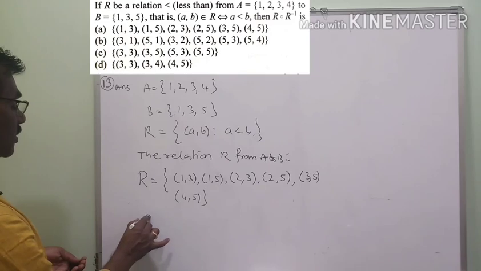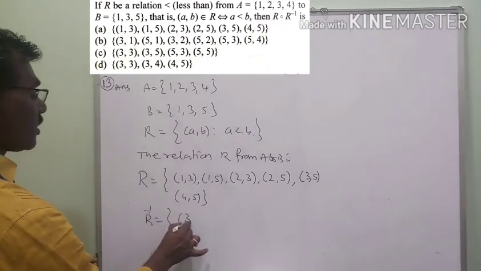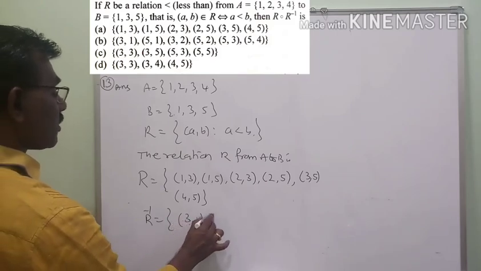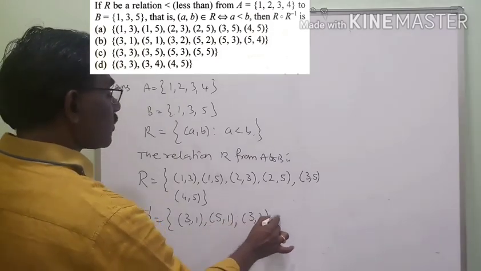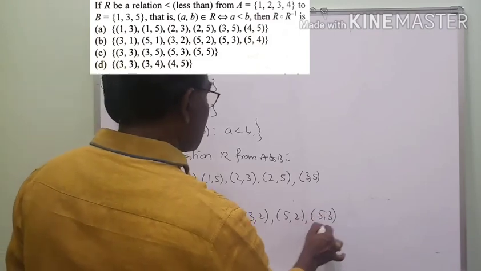Now what is the inverse relation? R inverse equals, interchanging: 3 comma 1, 5 comma 1, 3 comma 2, 5 comma 2, 5 comma 3.